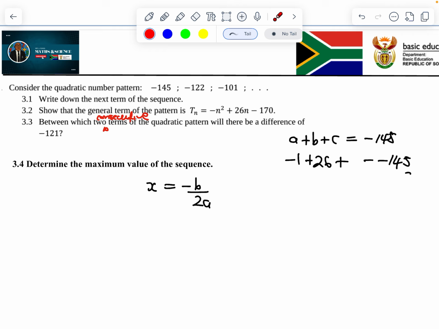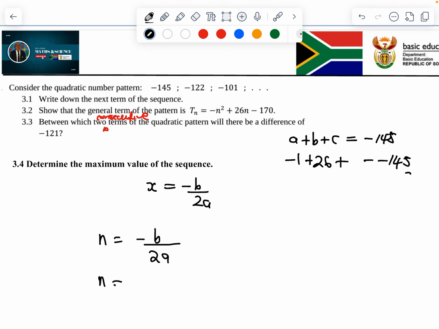That is what we're going to do here also. However, I'm not going to use x, because this is in the form of n, so the equation will change to n is equal to minus b all over 2a.